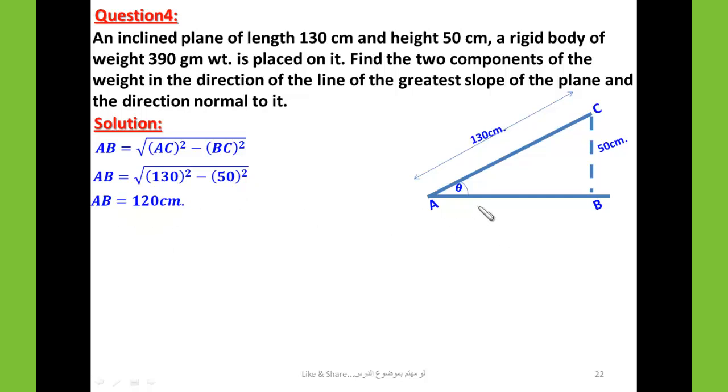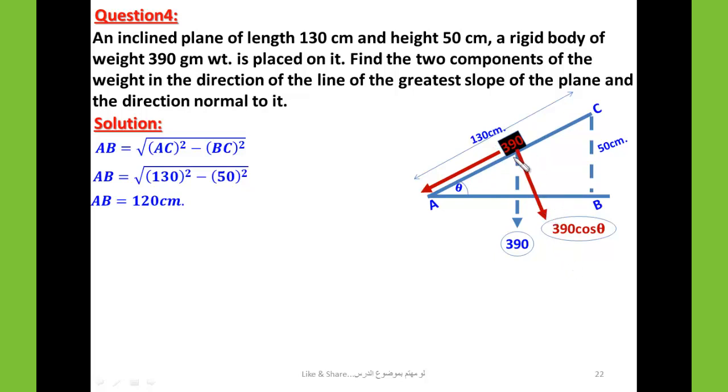And we have this weight of magnitude 390 placed on this plane, and we want to factorize it into two perpendicular directions. One of these two directions is perpendicular to the plane, and the other is in the direction of greatest slope.